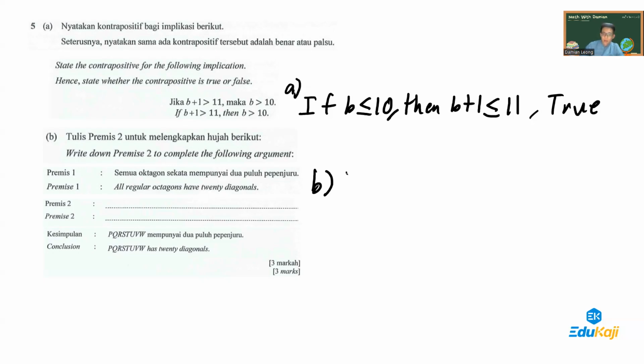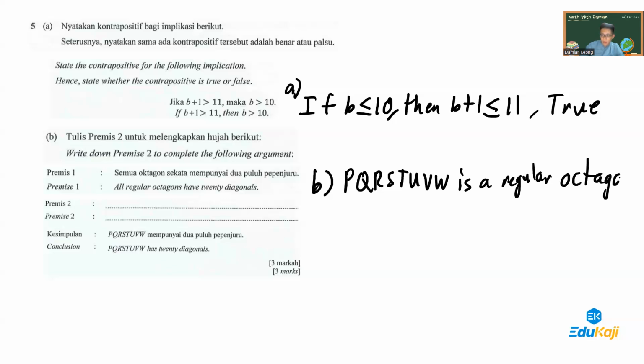So it must be that PQRSTUVW is a regular octagon. That follows the first condition. And it must be the same object that we are looking at.